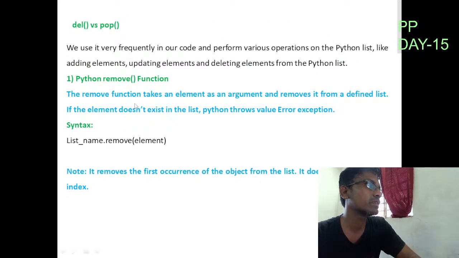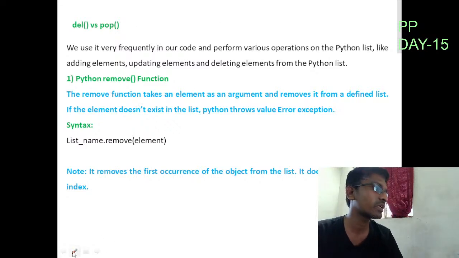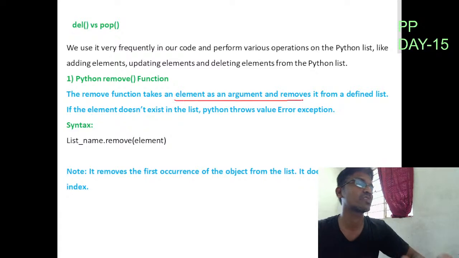We'll see the next one, the Python remove function. The remove function takes an element as an argument. It will take the element as an argument and remove it from the given list.